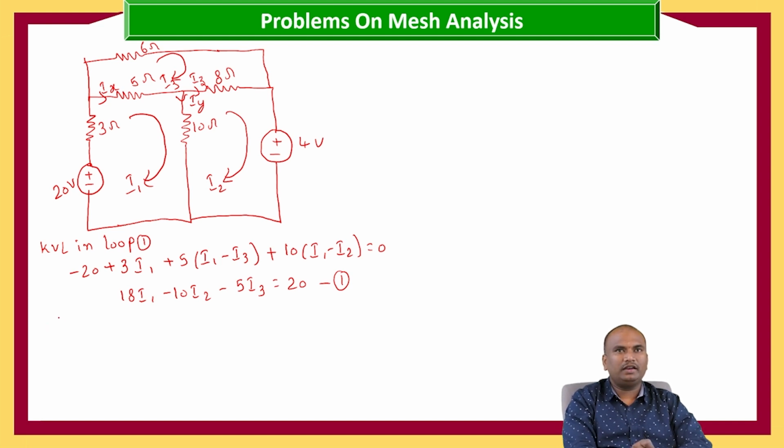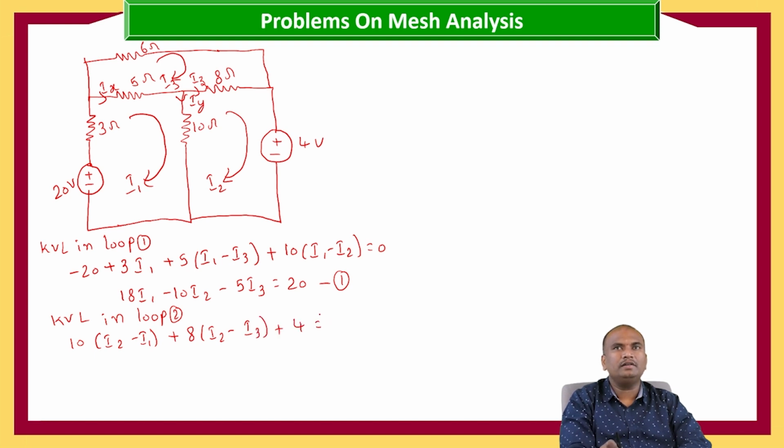Now KVL in loop 2. That is 10 into (I2 minus I1) plus 8 into (I2 minus I3) plus 4, because current is entering the positive terminal of the 4 volt source, is equal to 0.